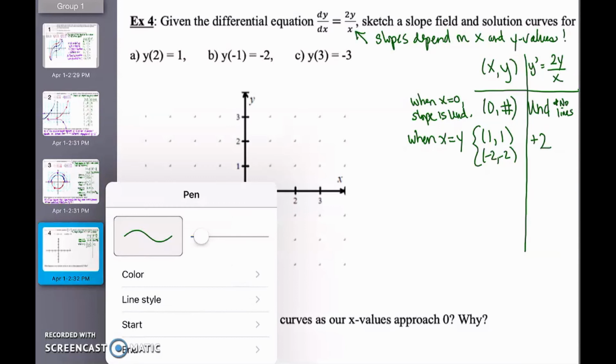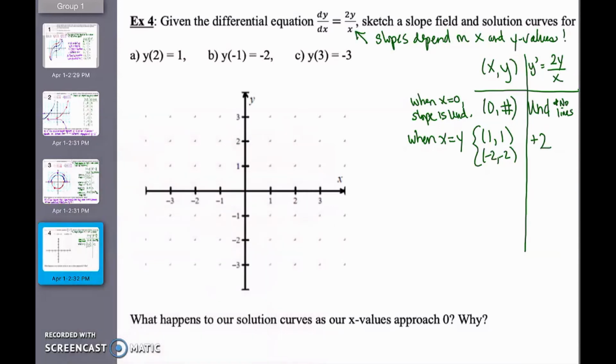Okay, so let's go ahead and sketch those in there. When x equals y, my slope is going to be +2. Okay, so I have something that looks like that.